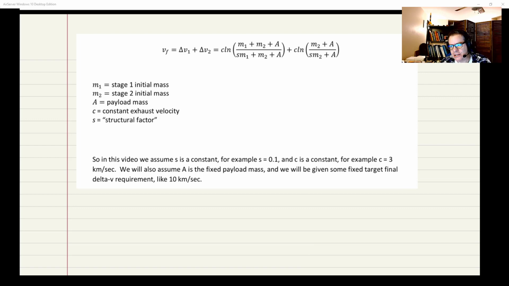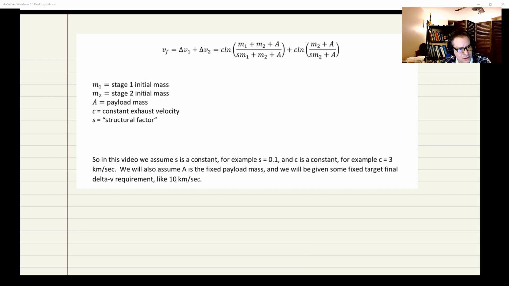We could change these assumptions later for different structural factors and different exhaust velocities at each stage, and I do go into that in the written explanation and the practice problems in the online Kerbal Math and Physics lab on my website. But perhaps for a video introduction, it's easiest if we just start now with this assumption of similar stages, the assumption that each stage has the same structural factor and same exhaust velocity, and do the derivation that way.